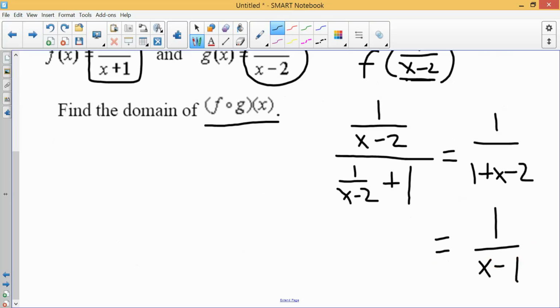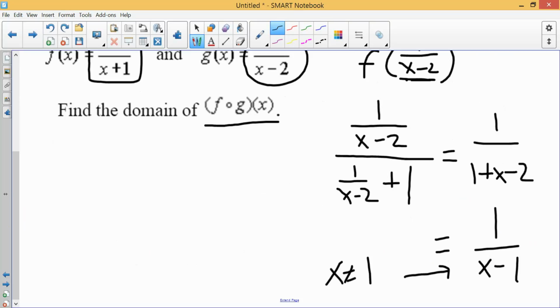So the next thing I need to do is take a look at my final answer. And here, my limiting factor is that x cannot be equal to 1. If x is equal to 1, then the composite of the functions g of x and f of x will be undefined. So therefore, x cannot equal 1.